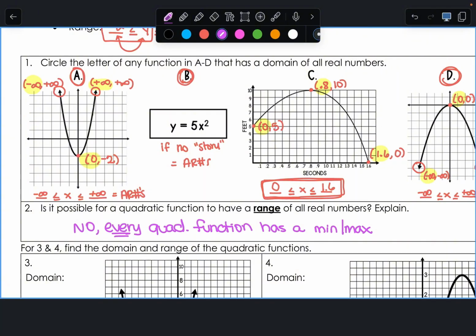That's what keeps it from being all real numbers. In algebra, none of your ranges are gonna be all real numbers. Not for quadratics. It is possible for a straight line, but not for quadratics because of that curve. Because of the vertex.